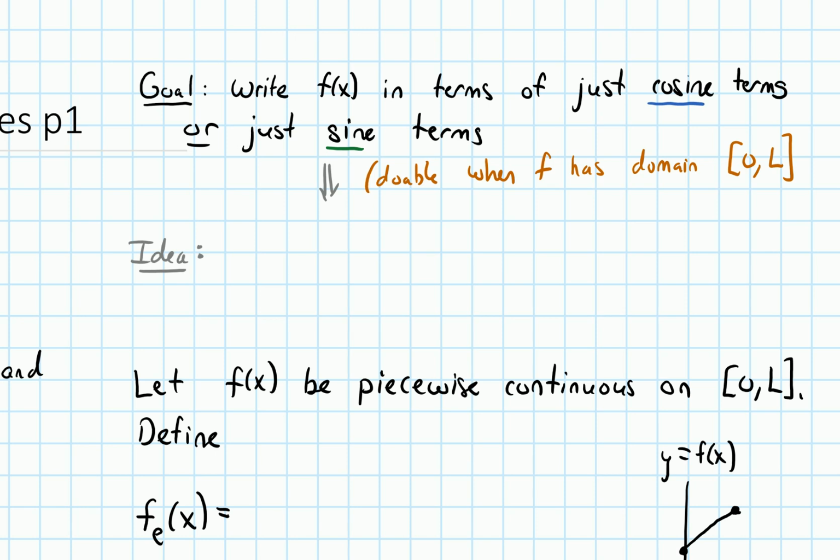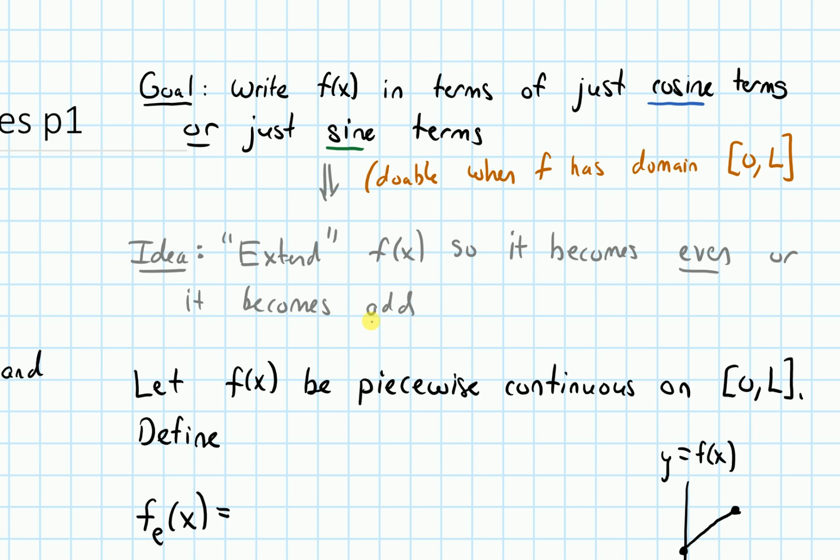And the idea behind it is, if the domain of my function is just from 0 to L, we will extend the function. So we'll sort of add to the graph, extend f of x, so it becomes even if we want cosine terms, or it becomes odd if we want just sine terms.